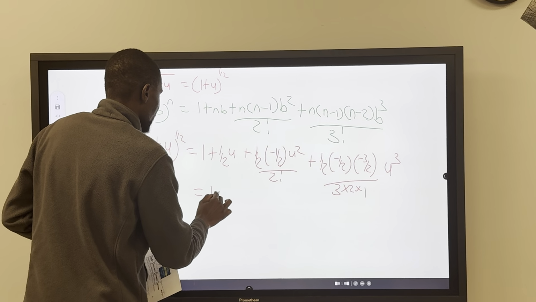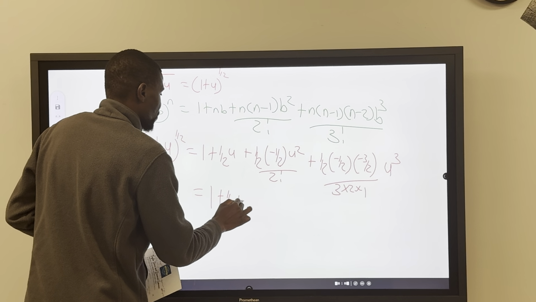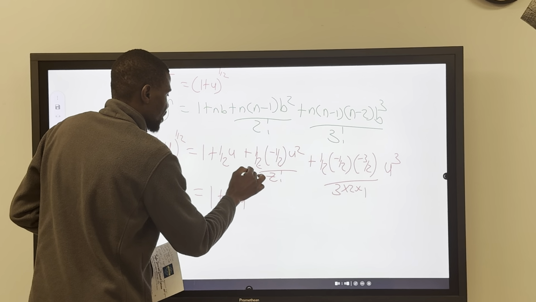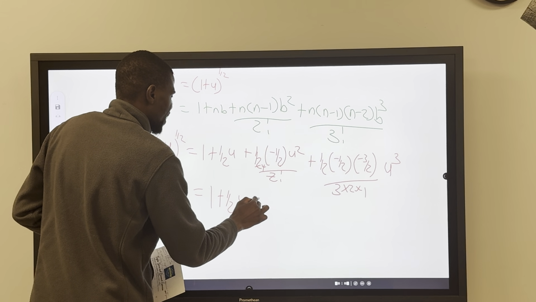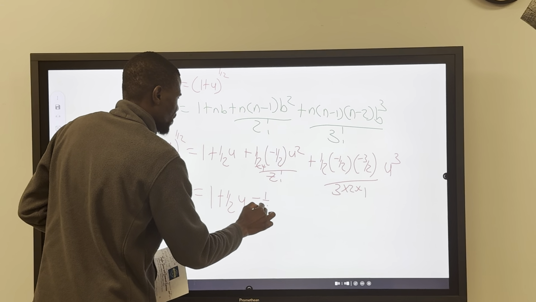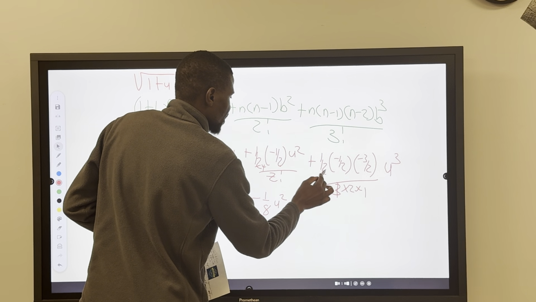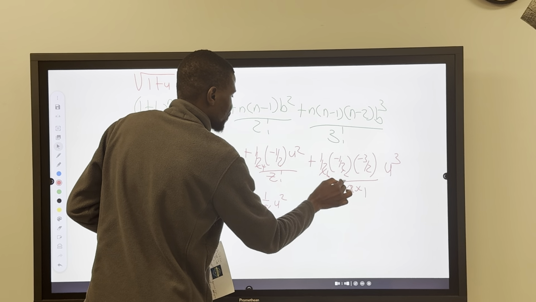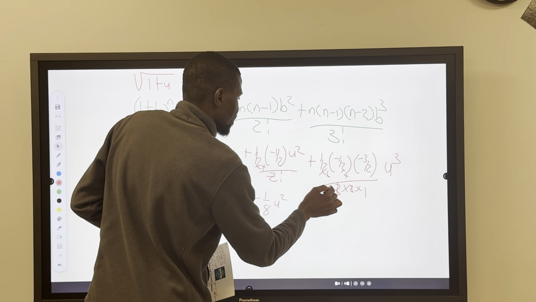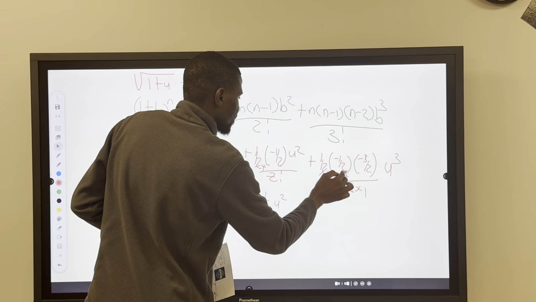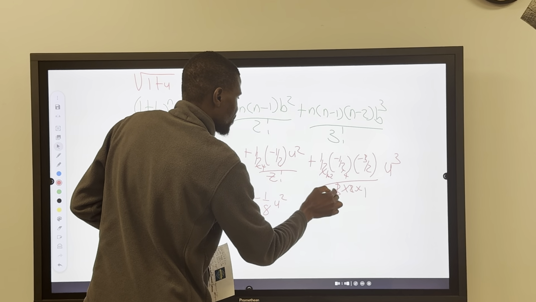So it is just 1 plus 1/2 of u. Then this and that is 4, so minus 1 over 8 u squared. Then this and that it's 6, this and that it's 4, this and that it's 2. Okay, no problem.